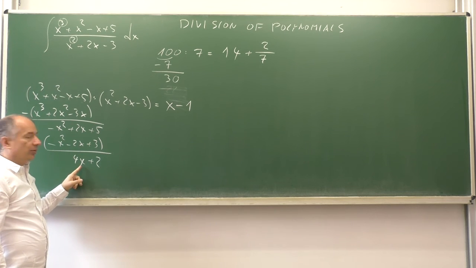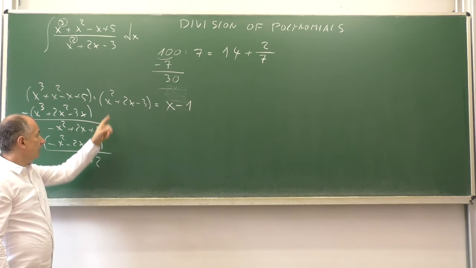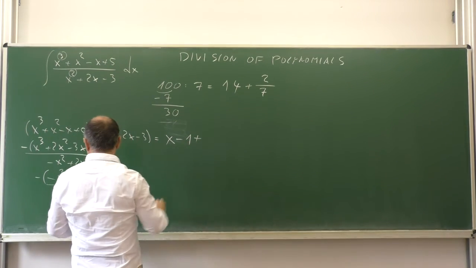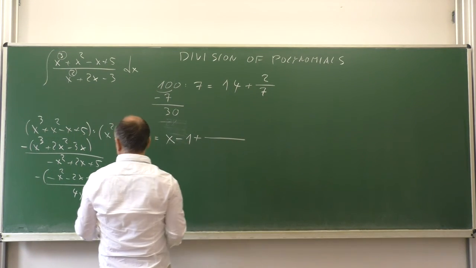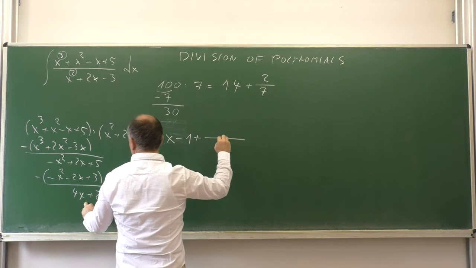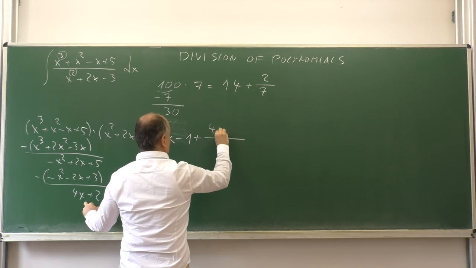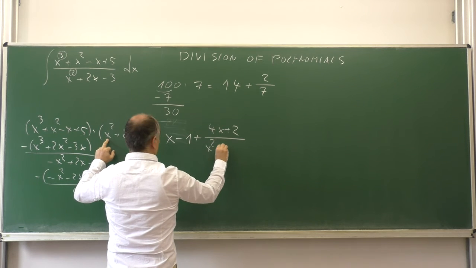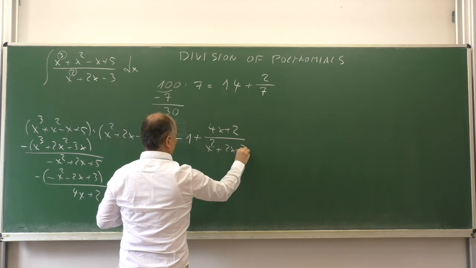And this is a polynomial of order lower than this one, so no result. This is the remainder, and we write that the remainder is 4x plus 2 divided by x squared plus 2x minus 3.